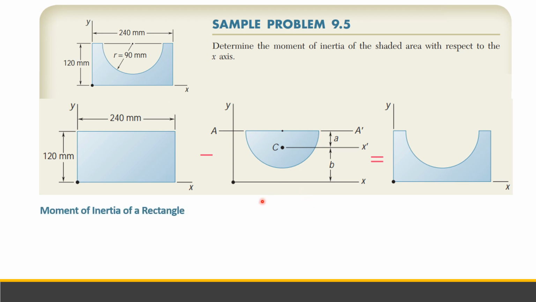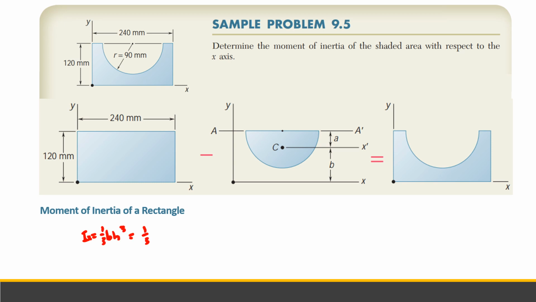Okay. So first is, we will solve the moment of inertia of a rectangle. Sa previous, na-solve na natin yung moment of inertia ng rectangle, no? So the moment of inertia of a rectangle is 1/3 bh cubed.